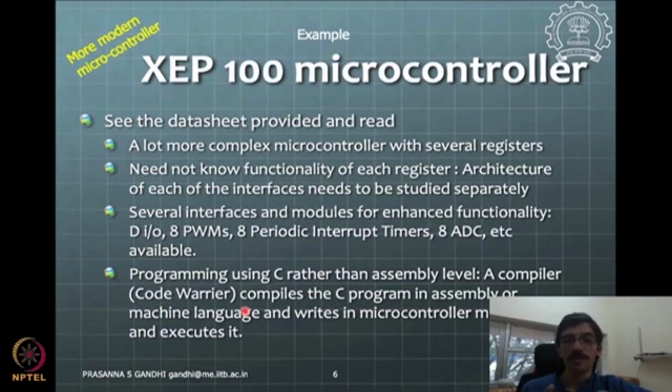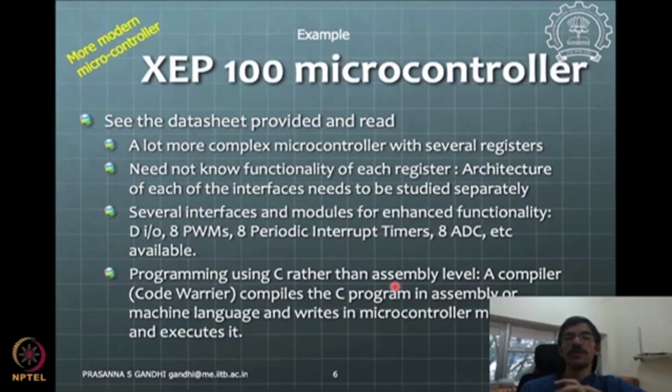In XCP's case, we have this CodeWarrior software environment, which will compile this C code and convert it into assembly language, and actually carry out the operation of dumping this assembly language code into the memory of the microcontroller to execute. So all these things are now done at a much higher level.